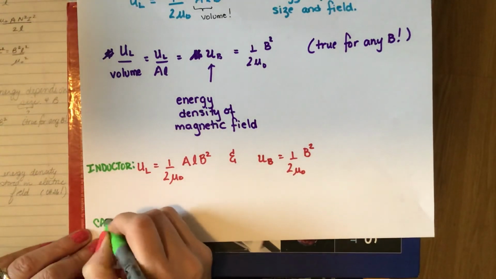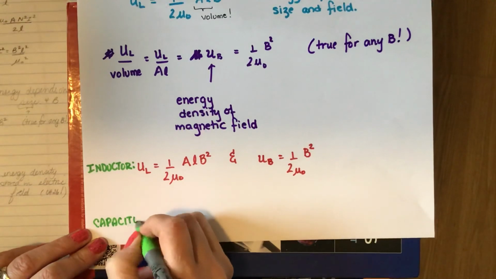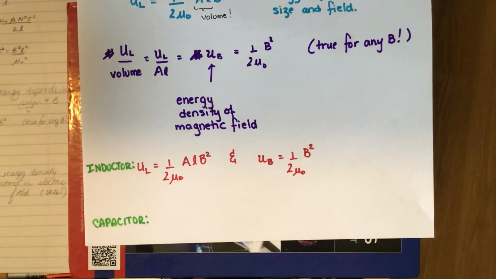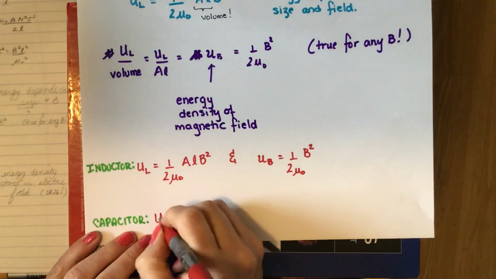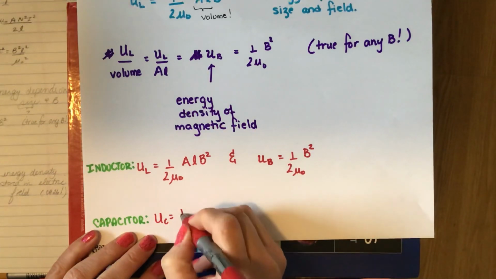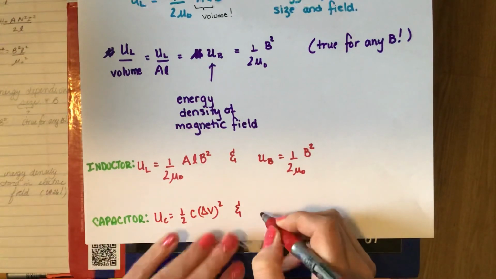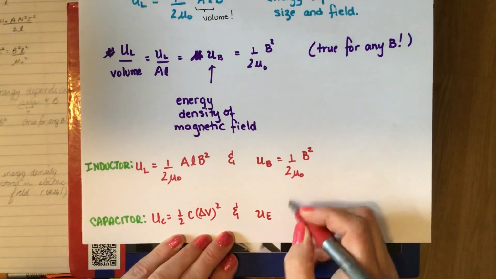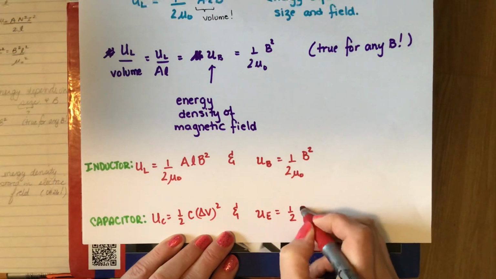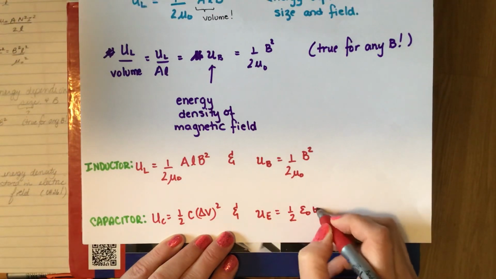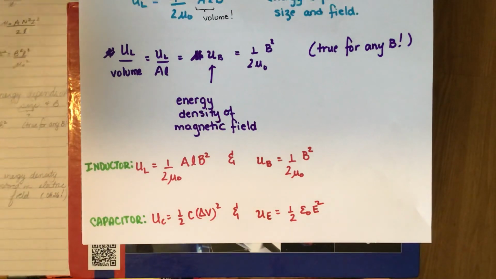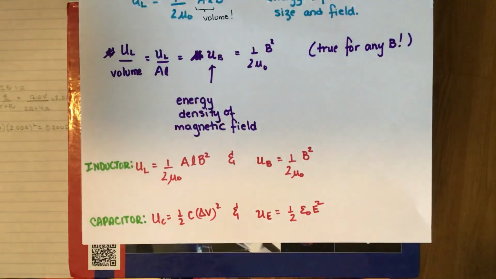If you were keeping track of capacitor, we had that the energy in our capacitor, I'll even stay with the same color, the energy in the capacitor, UC, was 1/2 times the capacitance times delta V squared, and the energy density stored in an electric field was 1/2 times epsilon naught times E squared. So that takes care of going through energy. Next we'll do a few examples, and then I think that'll be enough for this section.